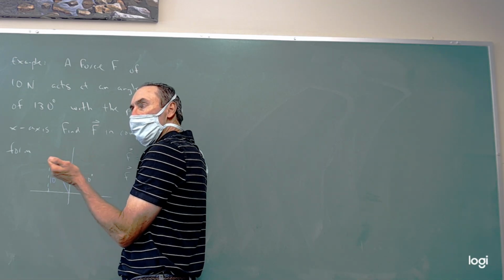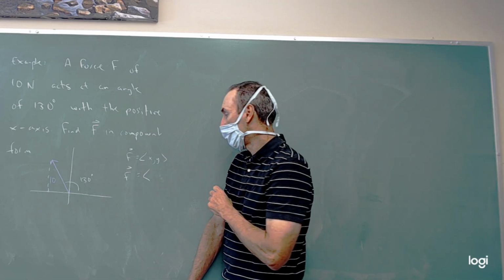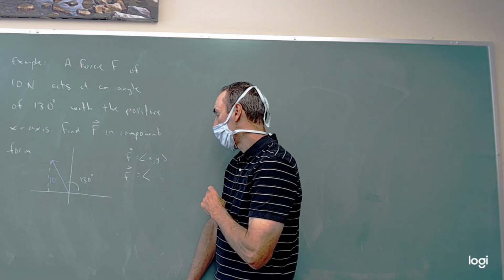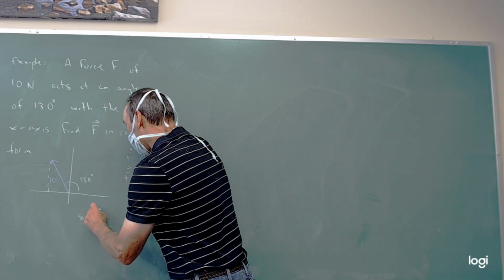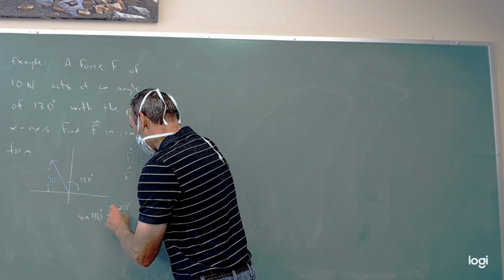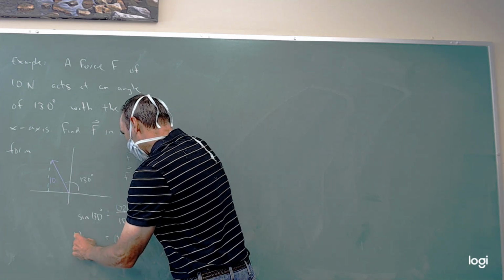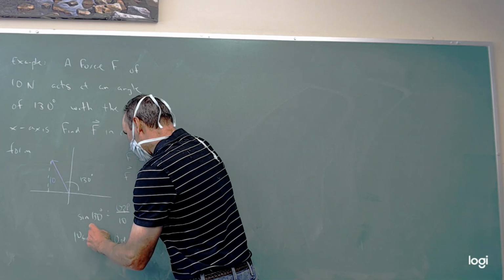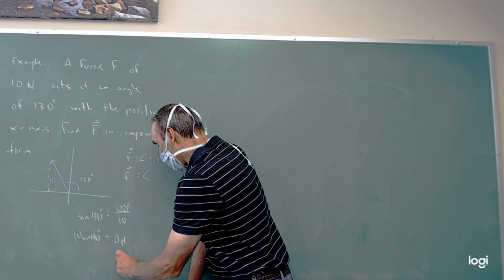Okay, so can you pick it up from there? So what are we going to do? And you could do like, sine of 130 equals opposite over hypotenuse, so opposite over 10. And so 10 sine 130 equals the opposite. Good. And then you could do cosine, and then 10 cosine 130 equals adjacent.